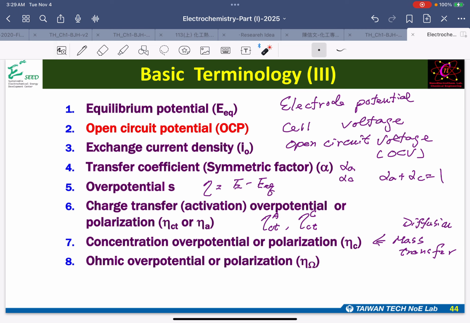And concentration overpotential, although we haven't discussed mass transfer yet, is if you have a concentration gradient, you need a driving force to overcome this mass transfer resistance or concentration gradient. We call that concentration overpotential or polarization. And ohmic overpotential or polarization is the solution resistance. For ions to transport in a solution, you need the ohmic overpotential.